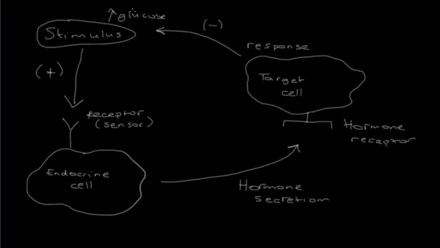So what happens then is that this stimulus acts on the receptors of the beta cells in the pancreas. So this is the beta cell. This is the endocrine cell, so let's call this the beta cell in the pancreas.